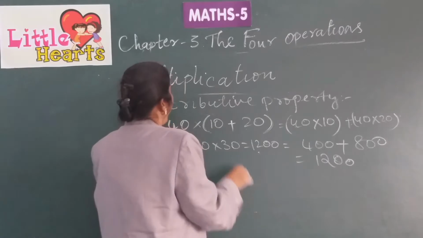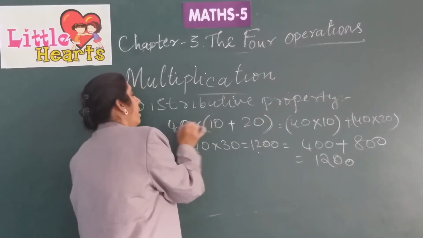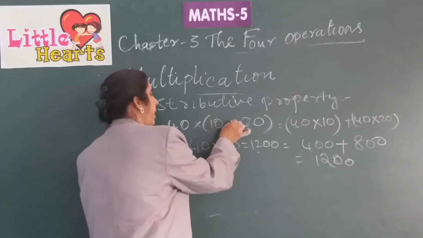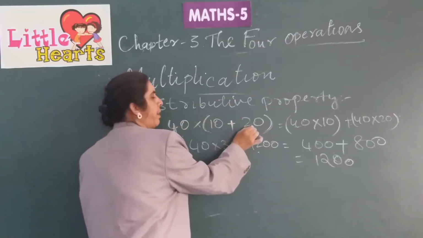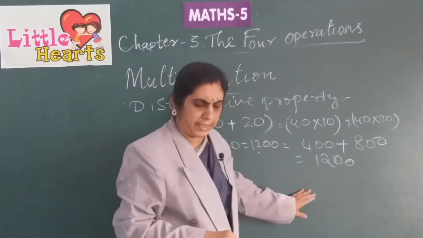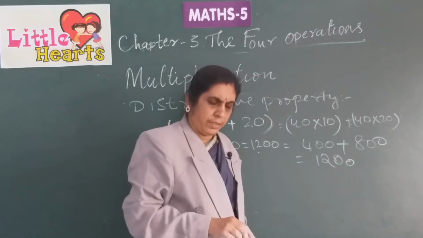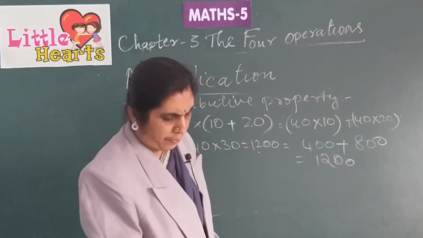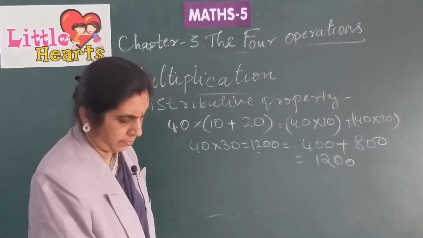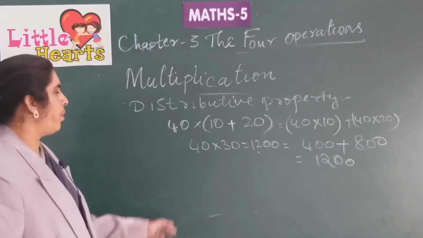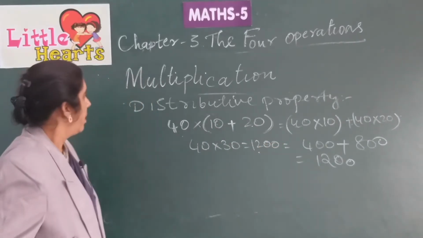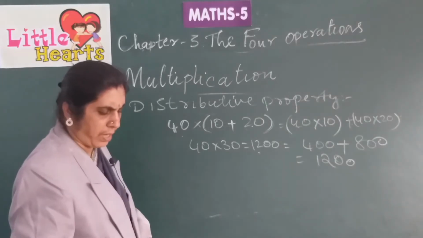And if you multiply the outside number with the first number in the bracket, plus the outside number with the second number in the bracket, and add both, we get the same answer. So this is the distributive property of multiplication over addition.